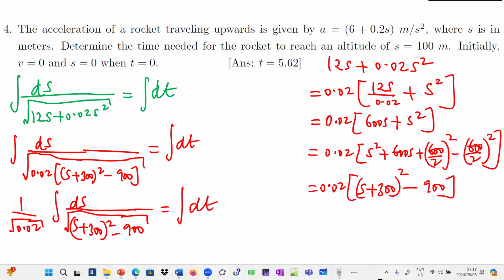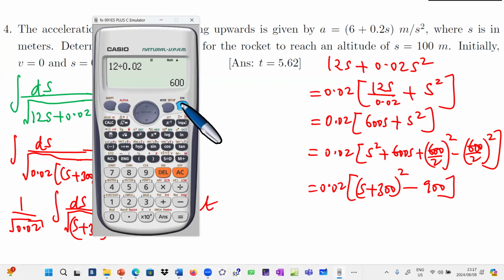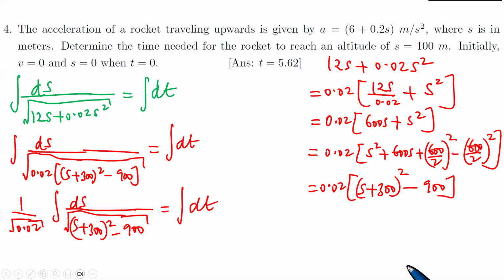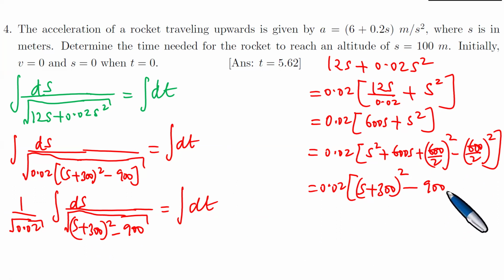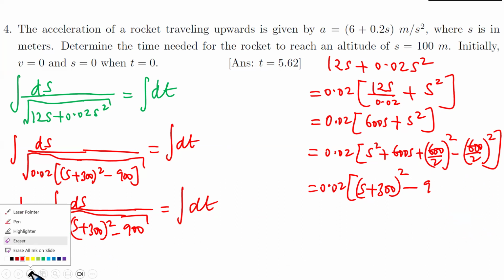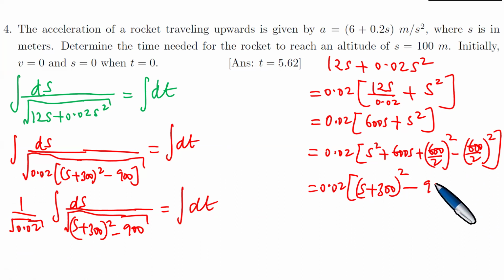Because if you check the 300, if you square it, it becomes more. It becomes like 90,000. So which means that here we're going to have 90,000. I'm glad I realized that early enough.